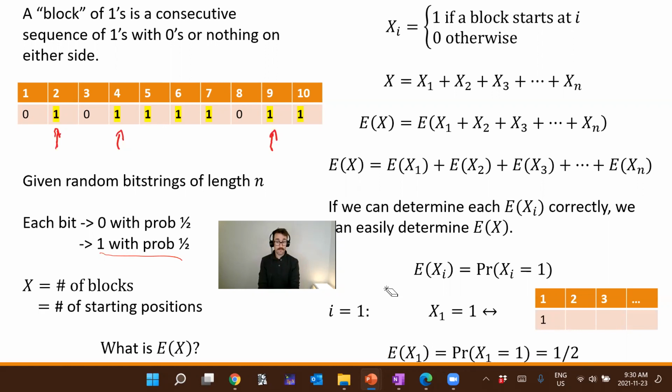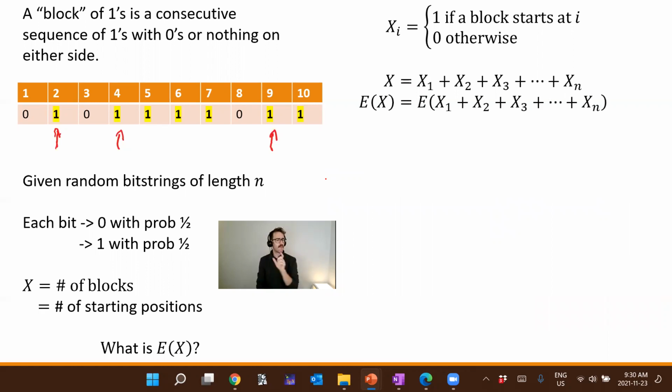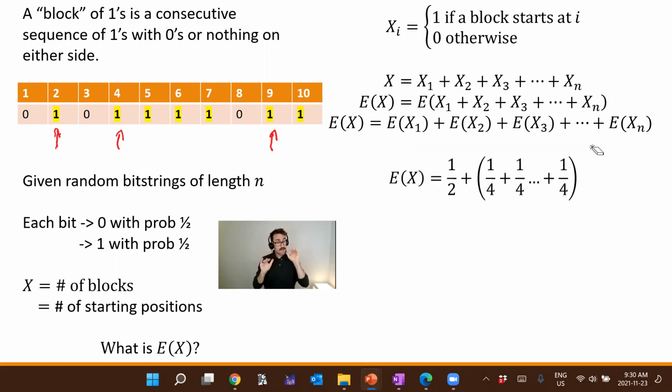Okay, so we know now the expected value of all of our indicator random variables. So now we can determine the expected value of x, which is the number of blocks. So E of x is equal to the expected value of the sum of x1 through xn, which is equal to the sum of the expected values of x1 through xn. And x1 we know is 1/2, and all of the rest of these are 1/4.